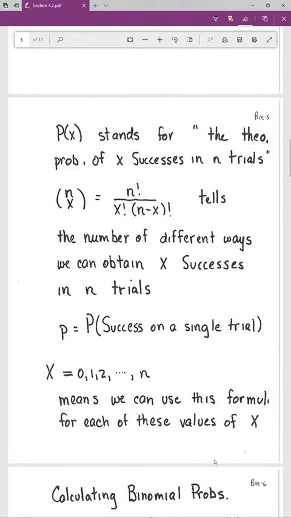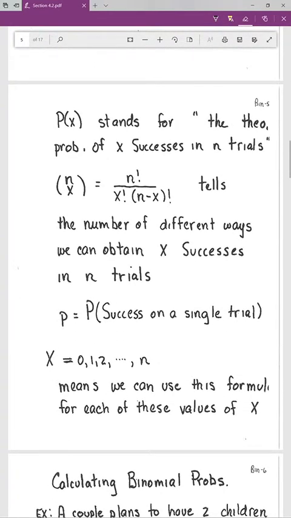To break that down, know that P of x stands for the theoretical probability of x successes in n trials. And if you think back to our combination section, n choose x equals n factorial over x factorial times n minus x factorial. And it tells us the number of different ways we can obtain x successes in our n trials.